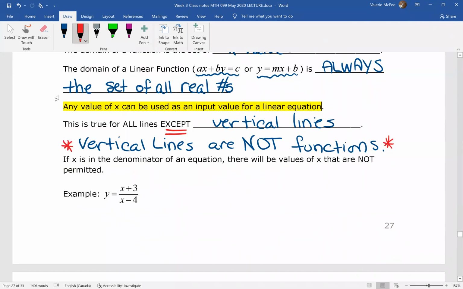But think about an equation like this. This is not a line. We have a fraction or a rational expression. We've worked with rational expressions. And what do we know about rational expressions? Well, we know that the denominator cannot equal 0.